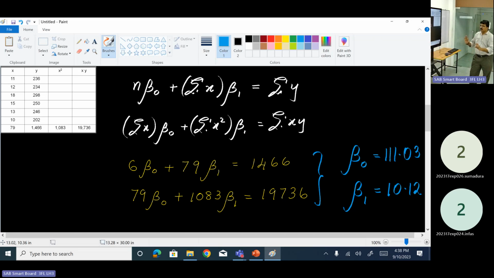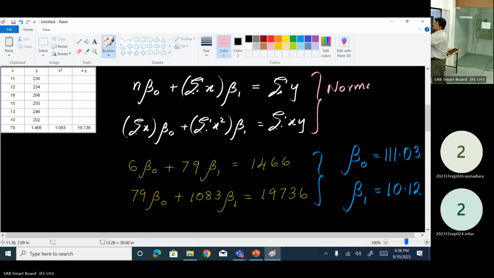So now we've got the two values. These are called the normal equations, right? These are the normal equations. So using the normal equation, we got it.